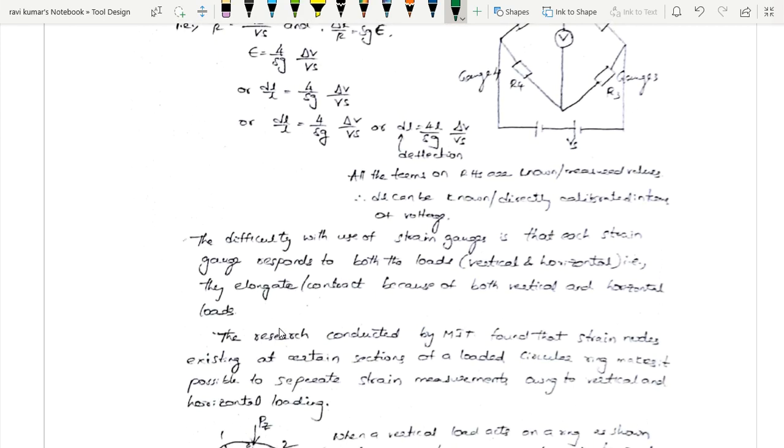The strain gauges respond to both loads. So I tell that each strain gauge responds to both the loads, that is vertical load as well as horizontal load.